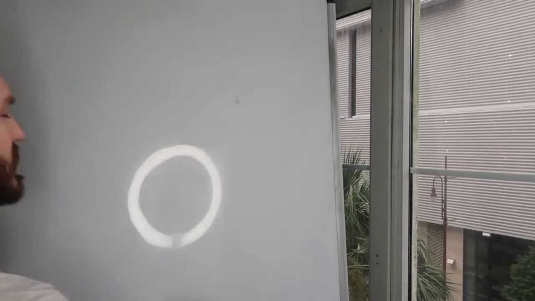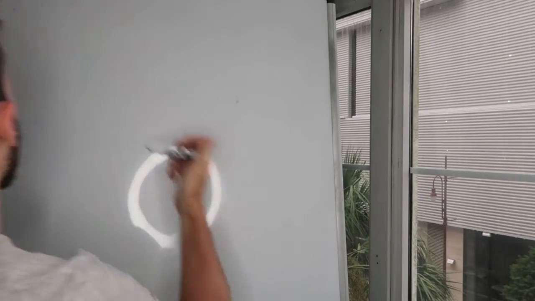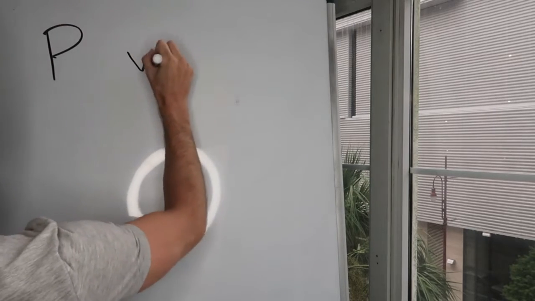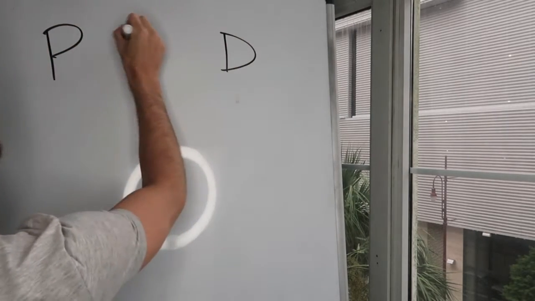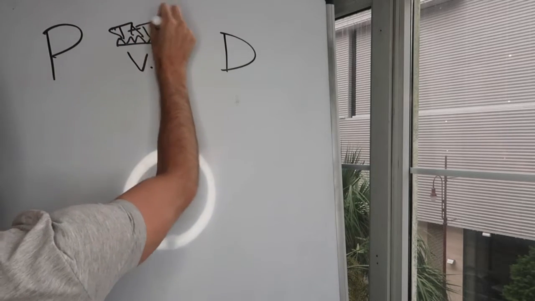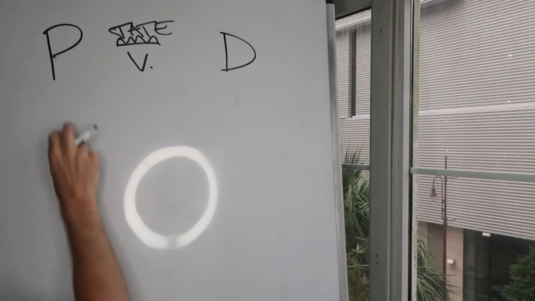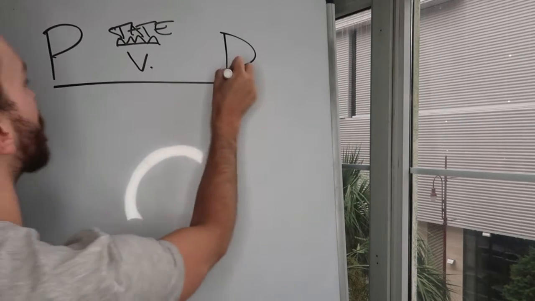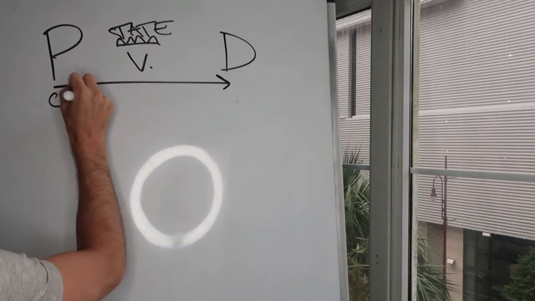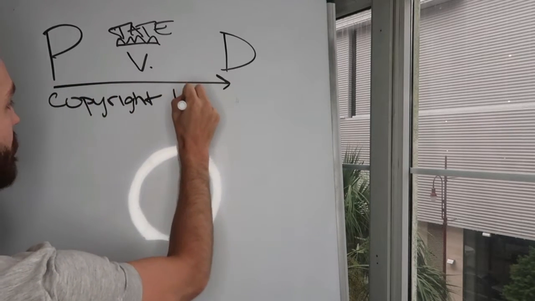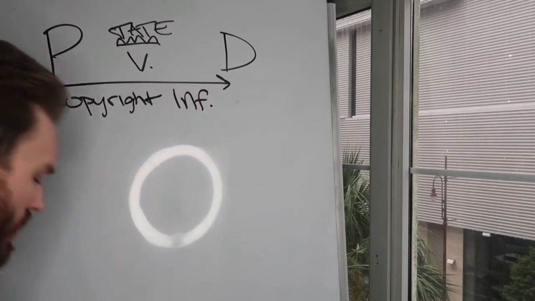So imagine, this is typically how the scenario is going to play out. Imagine you have a plaintiff suing a defendant in state court. That's the worst drawing of a state court ever, but plaintiff is suing defendant in state court on a copyright infringement claim.